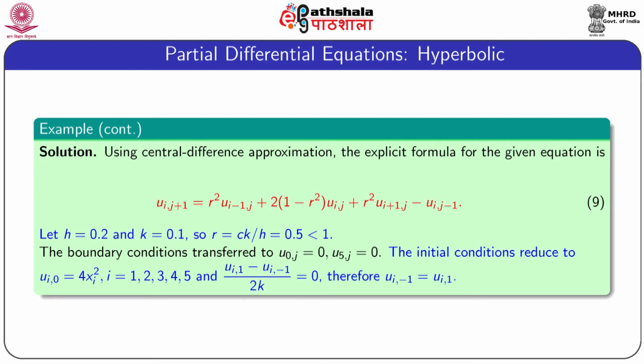And the second initial condition, that means del u by del t equal to 0, is transformed to (u_{i,1} minus u_{i,-1}) divided by 2k equal to 0. So, this is the central difference approximation of the initial condition for the first derivative. So, from this relation we can write u_{i,-1} equal to u_{i,1}. So, these are the boundary and initial conditions for the given problem.